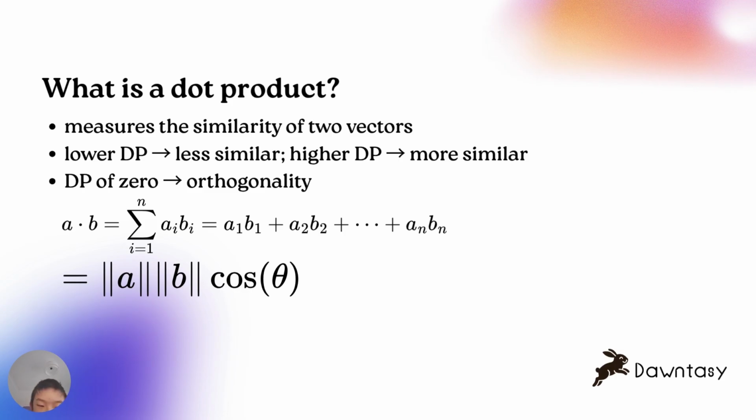For instance, a dot product of negative 50 would imply that the vectors are not very similar, while positive 40 implies that they are very similar. If the dot product is exactly zero, then the vectors are said to be orthogonal, which, if they are non-zero, means that they are perpendicular, pointing in directions with a 90-degree right angle in the middle.